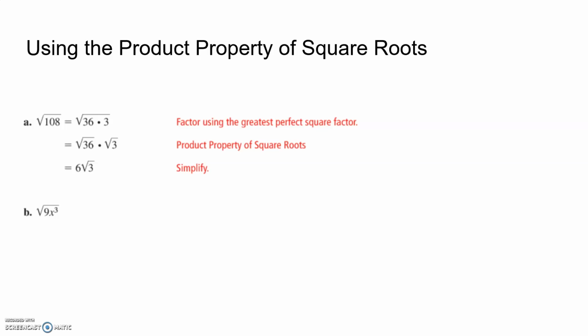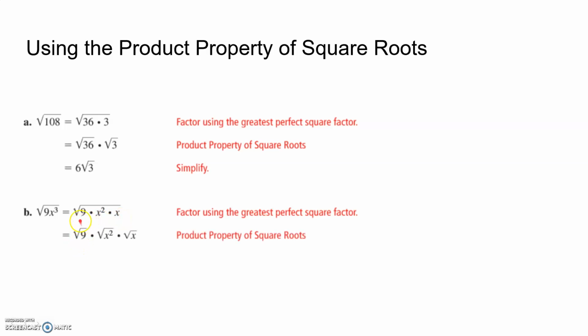In my second example here, we do have a variable inside, but let's take a look at what happens there. That one is going to be broken up into 9 times x squared times x. The x's are broken up because x squared is a perfect square, but x by itself is not. First they broke those 3 apart. Then the square root of 9 is 3. The square root of x squared is x.